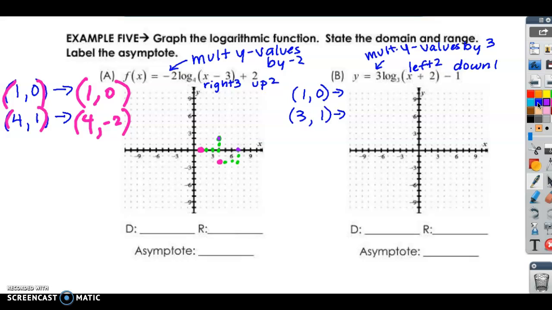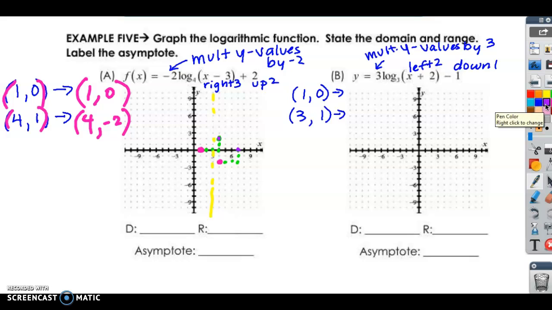Oh, I forgot to draw my asymptote. My asymptote is normally at x equals 0, but we've shifted the whole graph to the right 3. So in light yellow, 1, 2, 3. There's my asymptote.